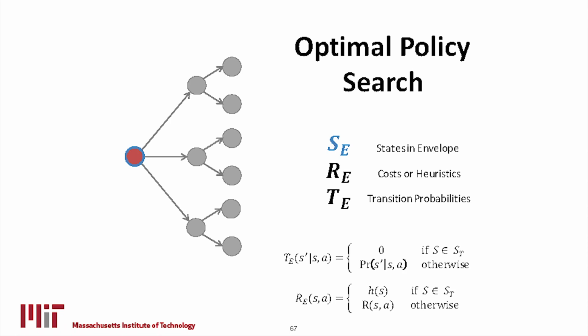What's important here is that our reward function and our transition probabilities are slightly altered to account for the fact that we haven't explored the entire state space yet. We see here that if a node is an S_T, in other words, one of those terminal nodes, we're going to say we can't transition out of it because we don't know what's beyond it so far. And we're going to set its reward to be a heuristic, whatever we think the reward is going to be when we begin to explore it and go further.